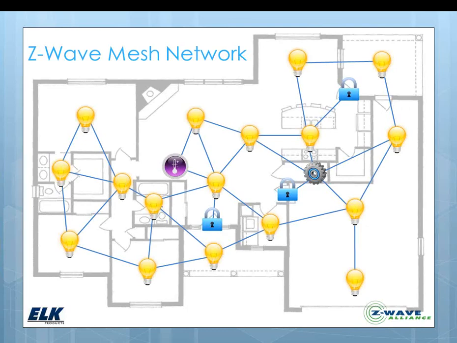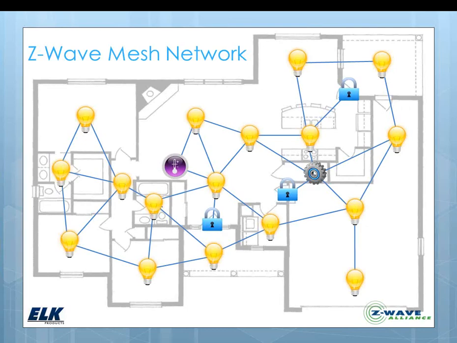So if your thermostat is trying to talk to the control panel and the control panel is at the other end of the house, it may actually make use of a receptacle or a plug-in module or a light switch that's always powered to act as a relay point for it. So with RF mesh networks, what you need to know about them is they are low power. That means things can live on batteries for a long time, but you get the workable distance by using powered devices as repeaters.